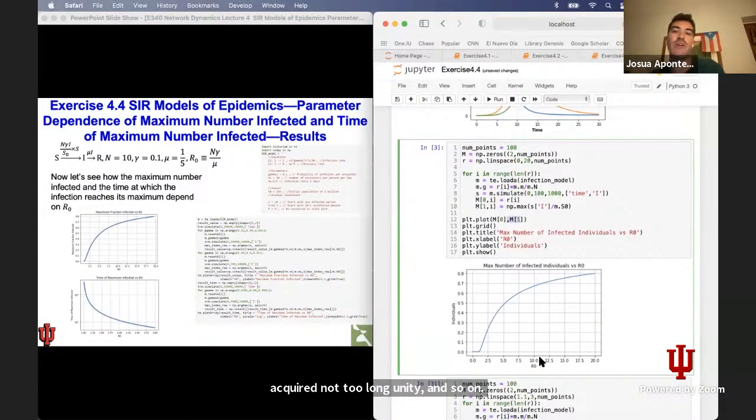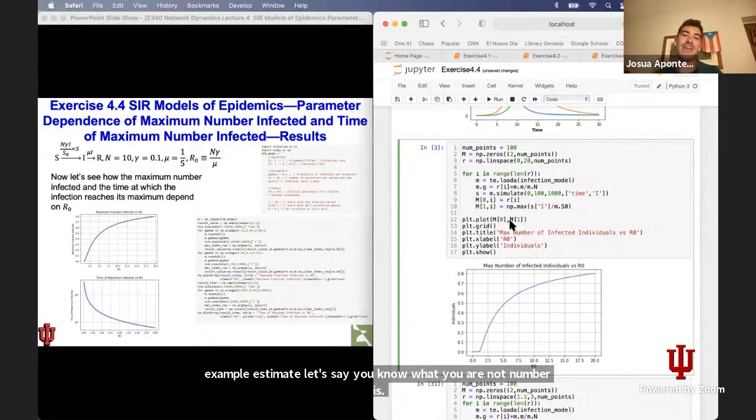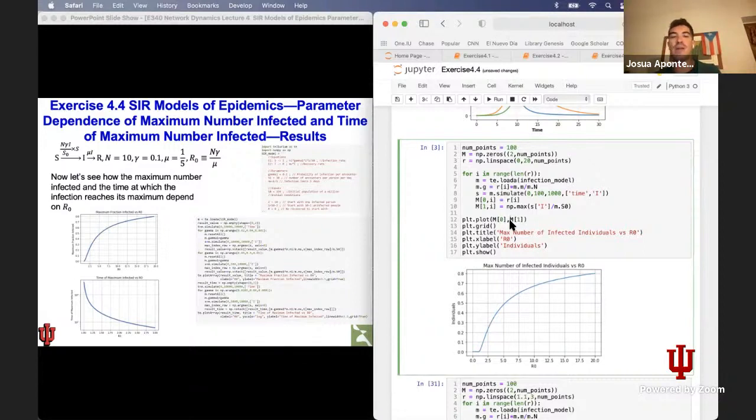But yeah, so based on this information you can, for example, estimate, let's say you know what your R0 number is. Again, in real populations, not everyone is. One of the assumptions of these ODE models is that the population is entirely mixed and mixing at the same time, but in real populations that is just not the case.